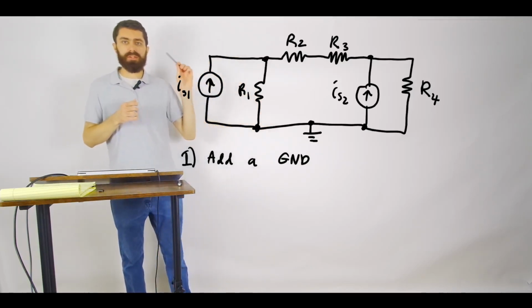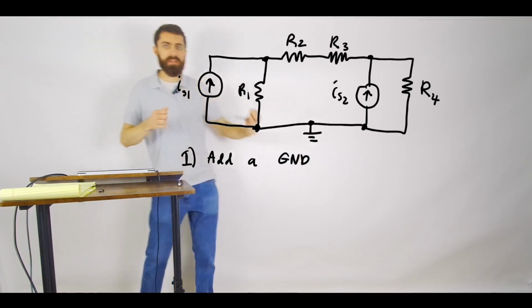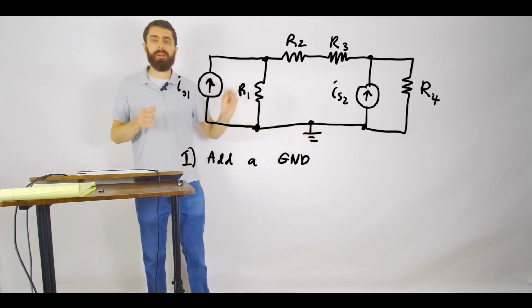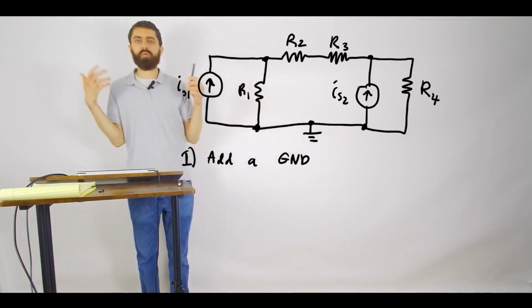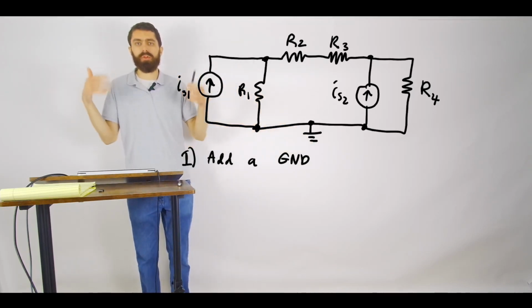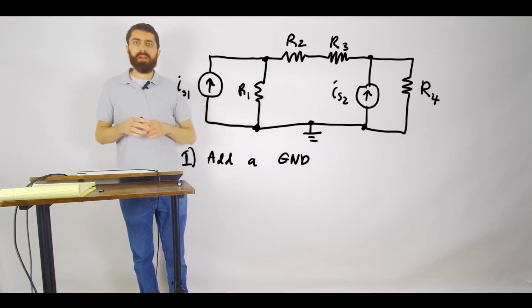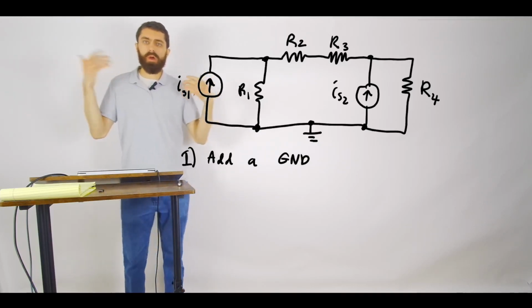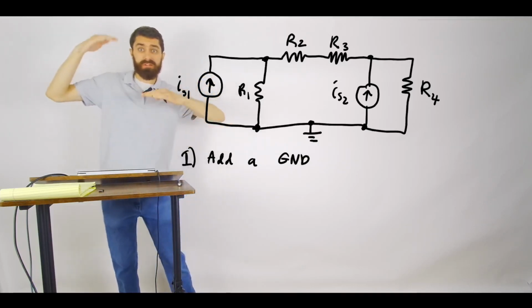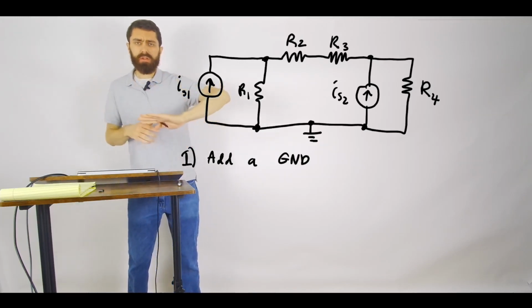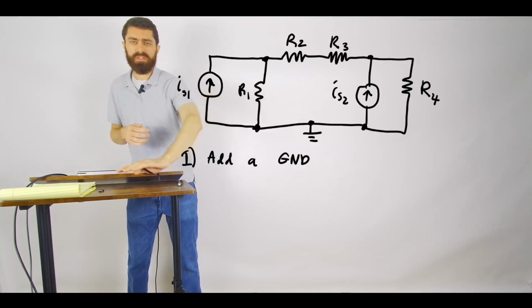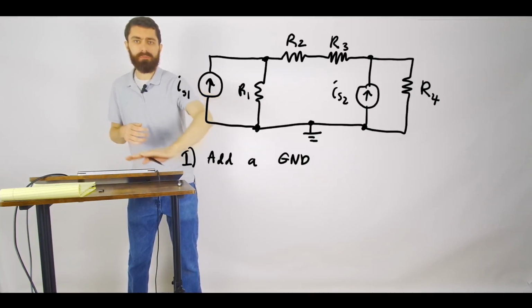Now, let me just make sure everyone's clear on what a ground actually is. Essentially, it's your reference point for measuring voltages. Kind of like back to our water analogy with the two tanks with a different height. You could say that the ground or the lowest height is your reference point, right?